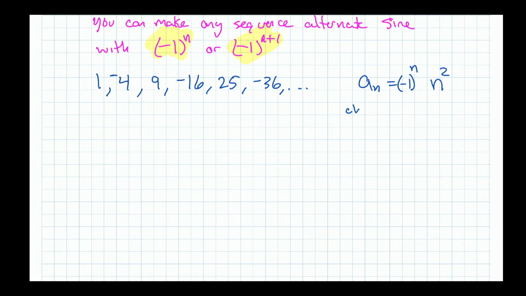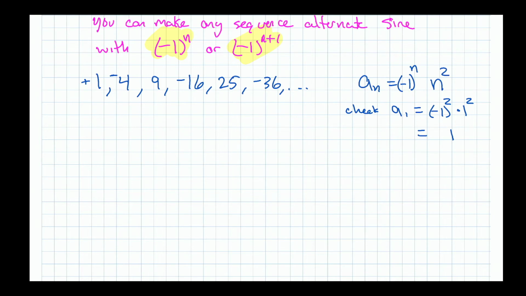Because if I check A1, I see -1 to the 1 times 1 squared, which is actually -1, and I'm supposed to have a +1, not a -1. So actually when I went -1 to the n, that was wrong. What I need there to fix it is, instead of a 1, I should have had a 2. Then it would have been +1, right?